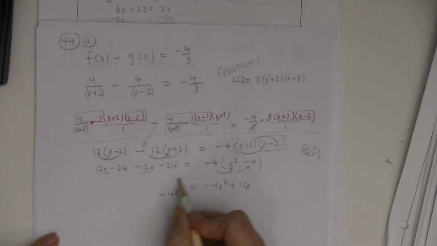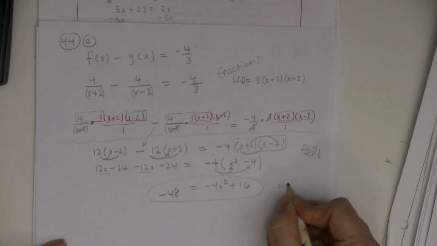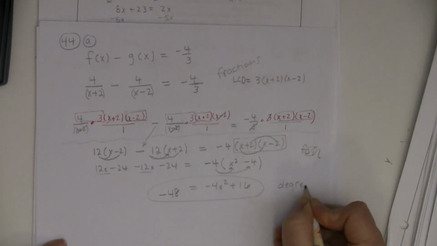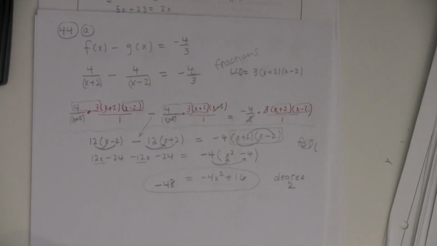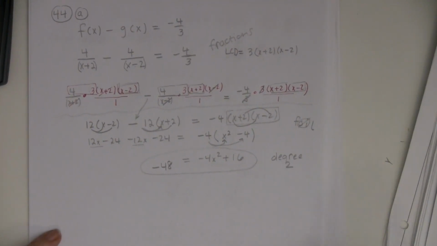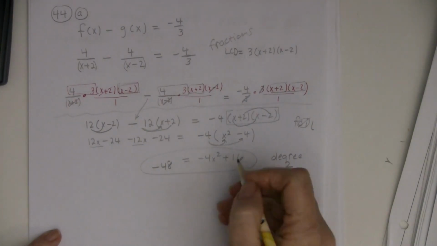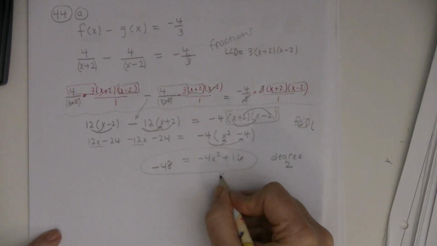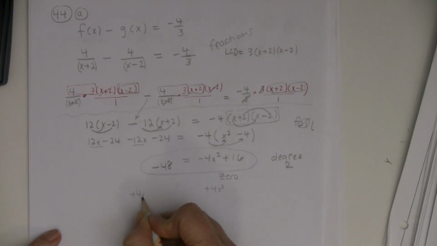And so now I'm going to try to solve this equation here, and it's degree 2. When you have degree 2, you want to get 0 on one side. And because I'm going to have to factor, I like to have my lead term be positive. So there's my leader right there, and my leader is negative. So I'm going to make this side be the 0 side. I'm going to add 4x squared to both sides, so plus 4x squared.